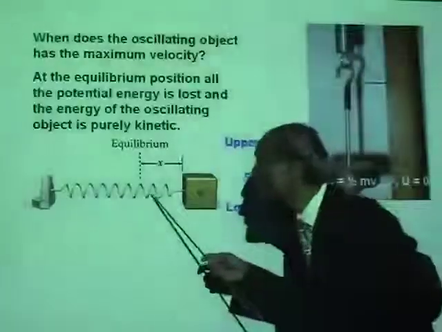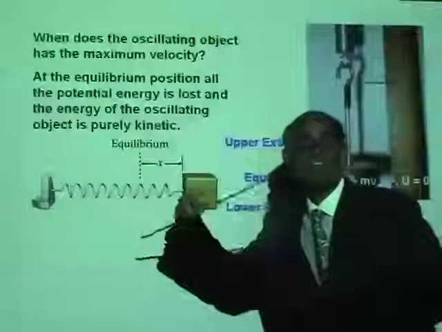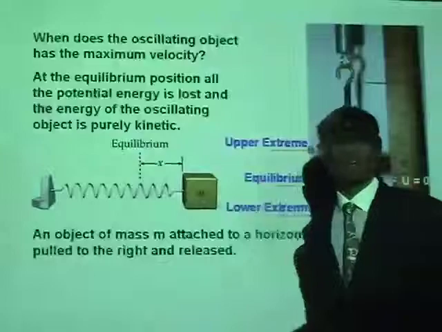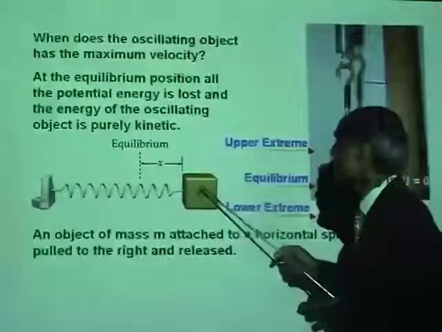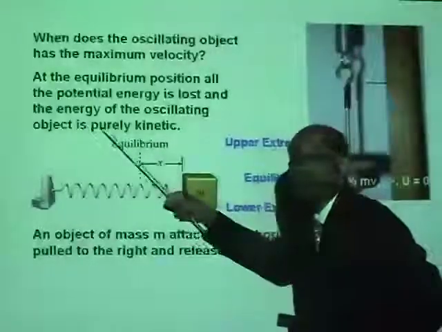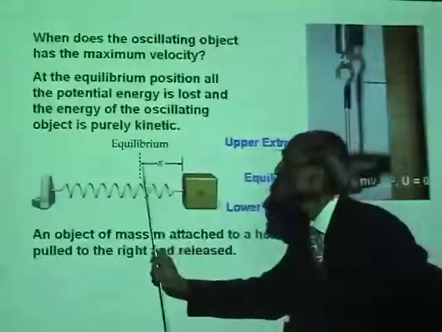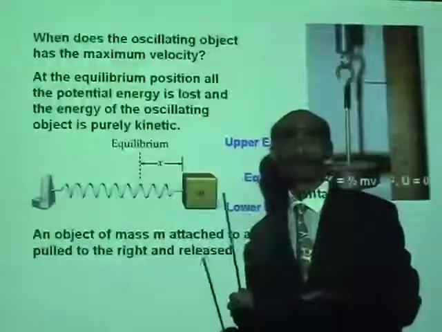Now, let's take the case of the horizontal oscillation and represent the energy changes graphically. An object of mass m is attached to a horizontal spring and is pulled to the right, so x is the displacement, and released.